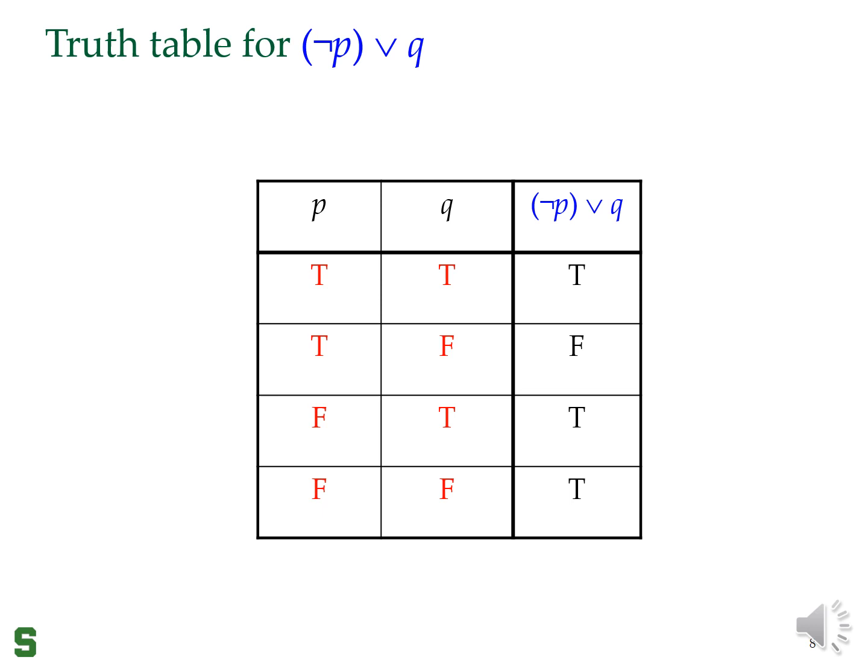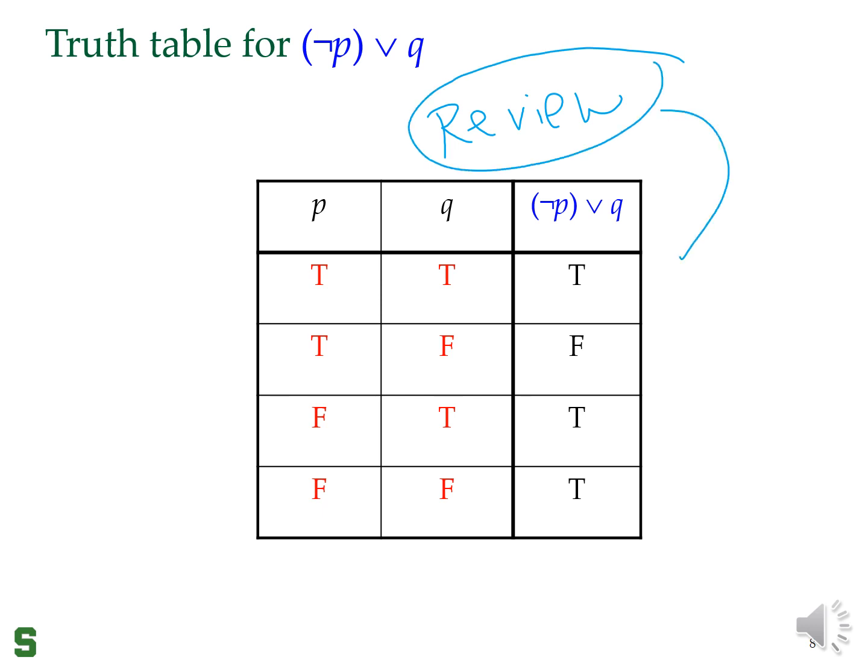What I want you to do here is review this slide. Make sure that you understand why this truth table is the way it is. And if there are any questions, we will discuss them in class.